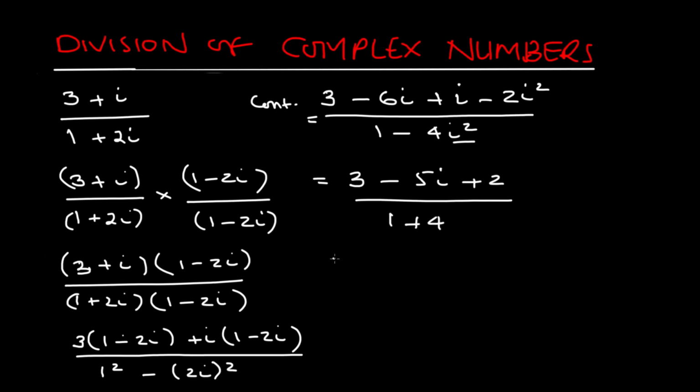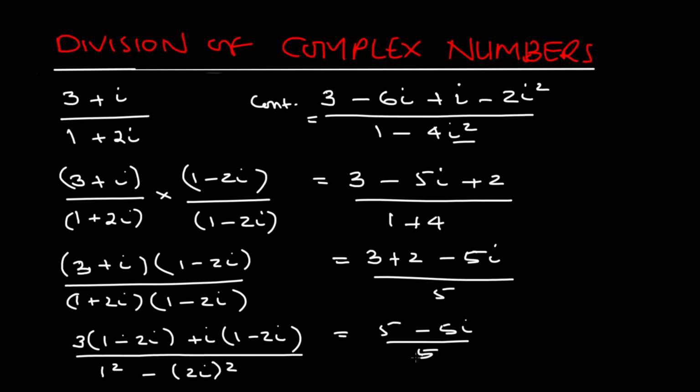Okay. So now here we get 3 plus 2 minus 5I, then over 5. So this one gives us 5 minus 5I over 5.